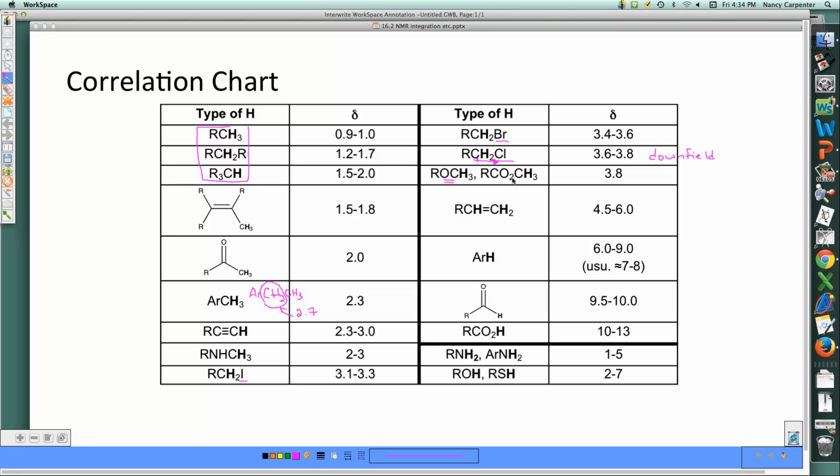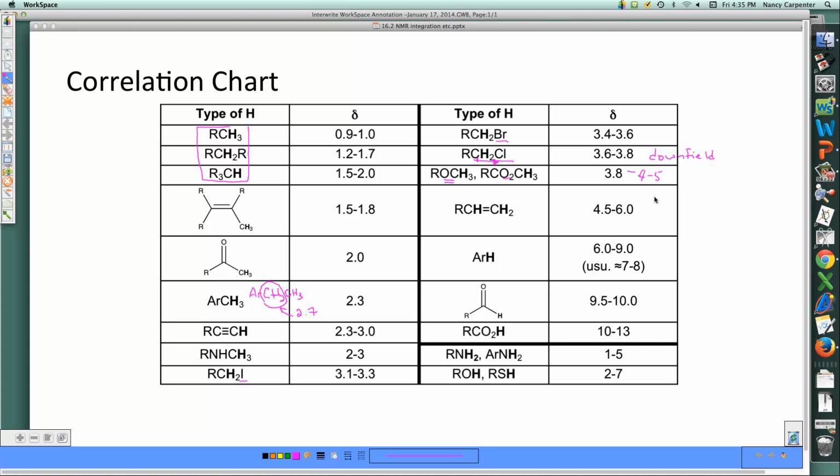It's really apparent when you have an oxygen nearby. It's pretty much a foregone conclusion that if you have something around 3.8, maybe 3.8 to 4.5, I should say, that's a methyl group or a methylene or a methine adjacent to an oxygen.